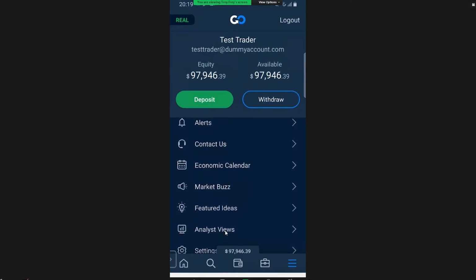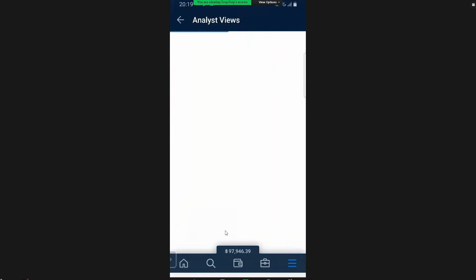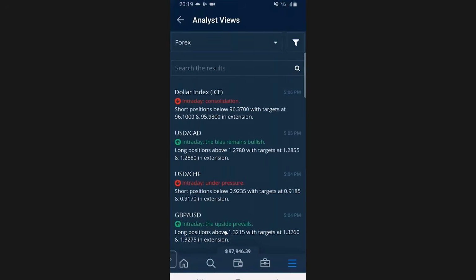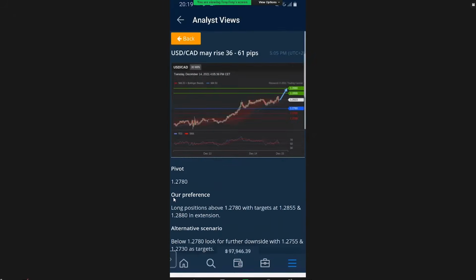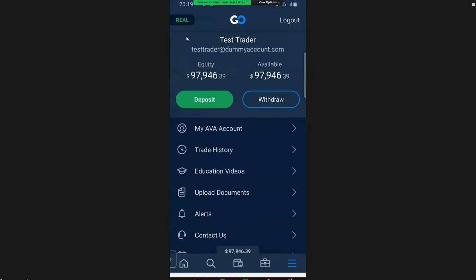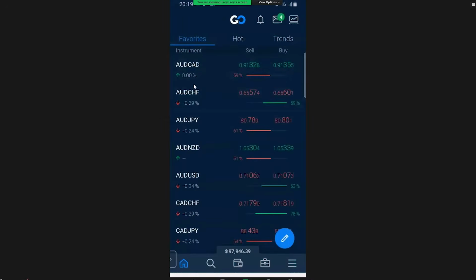If we go to the analyst views and look at that USD Canadian signal again, it was saying take profit at 128.55, and if you're more patient, 128.80.